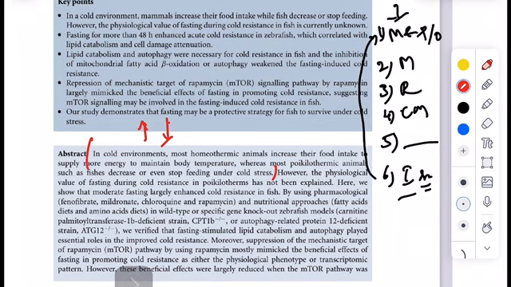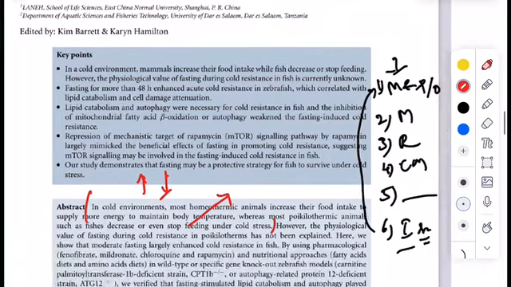That makes us want to do research on poikilothermic animals: why do animals stop eating, and how can they survive in cold conditions even after they stop eating? That is very interesting to us, and it motivates us to do this work.